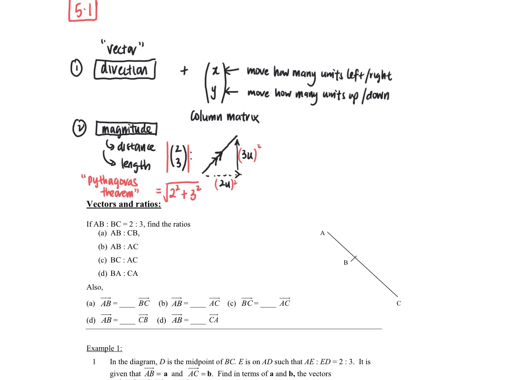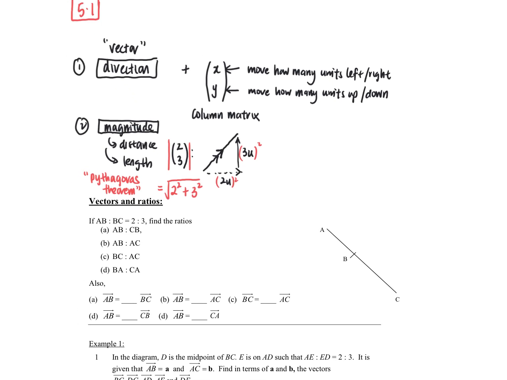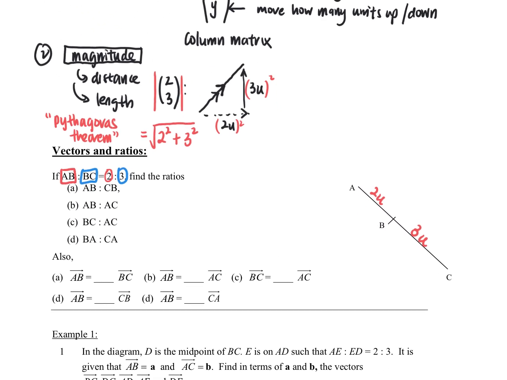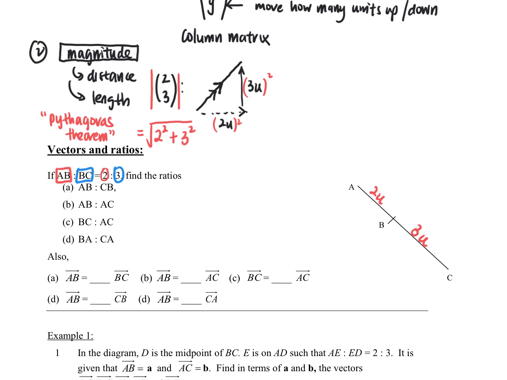Okay, so now 5.2, we go a little bit deeper into the ratio. So if I tell you AB is 2 units and BC is 3 units, then that means this part here is 2U, this part here is 3U. So they ask you, what's the ratio between AB and CB? 2 is to? Okay, so for ratio we don't care about direction.